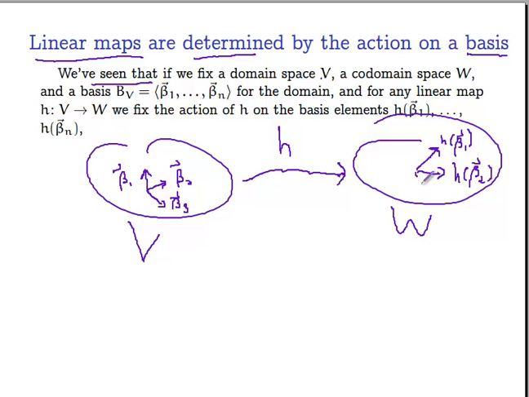And finally, I'd have H of beta 3. All right, so like I said, this linear map will act on all of the vectors in V, but in particular, it will act on the three basis vectors. So let's see where we go from here.